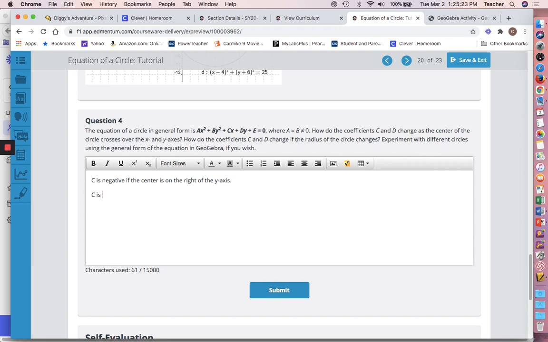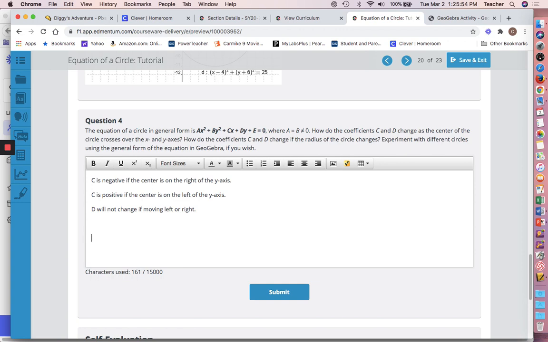Okay, C is positive if the center is on the left of the y-axis. Okay, now I don't think D's going to change. Yeah, D's not going to change. D will not change if moving left or right.